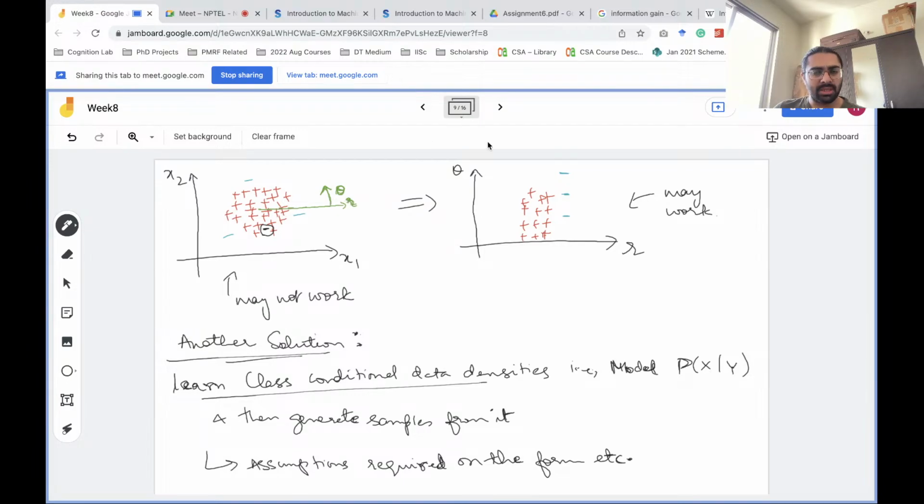But it's not very trivial to apply this SMOTE technique and see whether it will work or not. So typically what people do is they go ahead and try the SMOTE technique and see whether they get better accuracy or not.